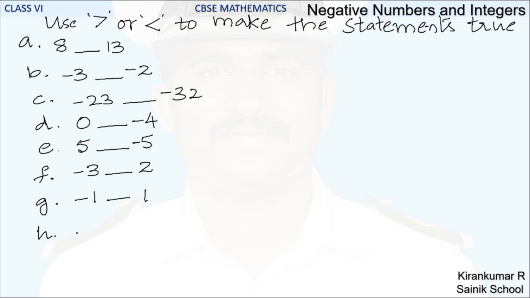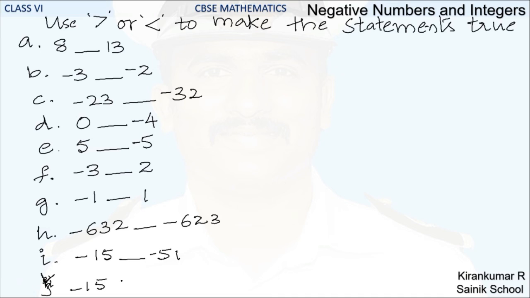Eighth one, -632 blank -623. Then -15 blank -51. And the last one, J, -15 blank +51. So carefully use the greater than or less than symbol to make the sentences true statements.